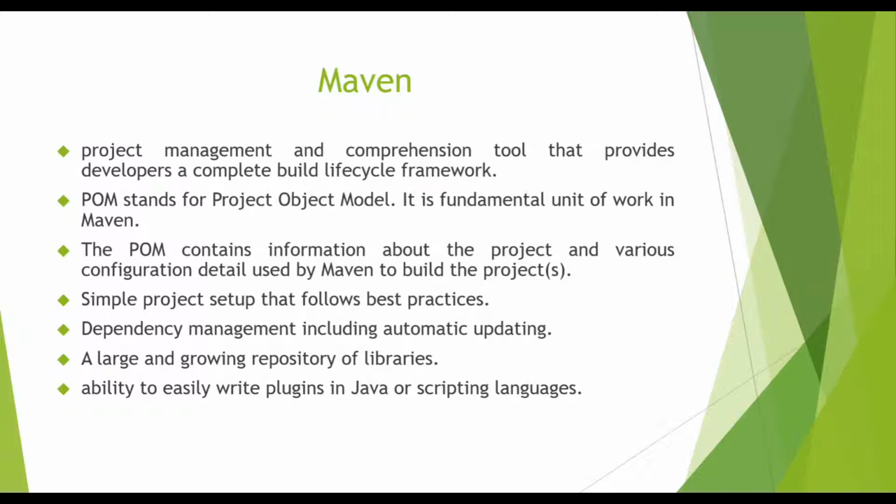You no need to download manually and locate them in a specified folder. If you have given the specific artifact ID and dependency name, it will directly download from the repository and store in the local repository, which will be in the C drive. So this is the major advantage of Maven.